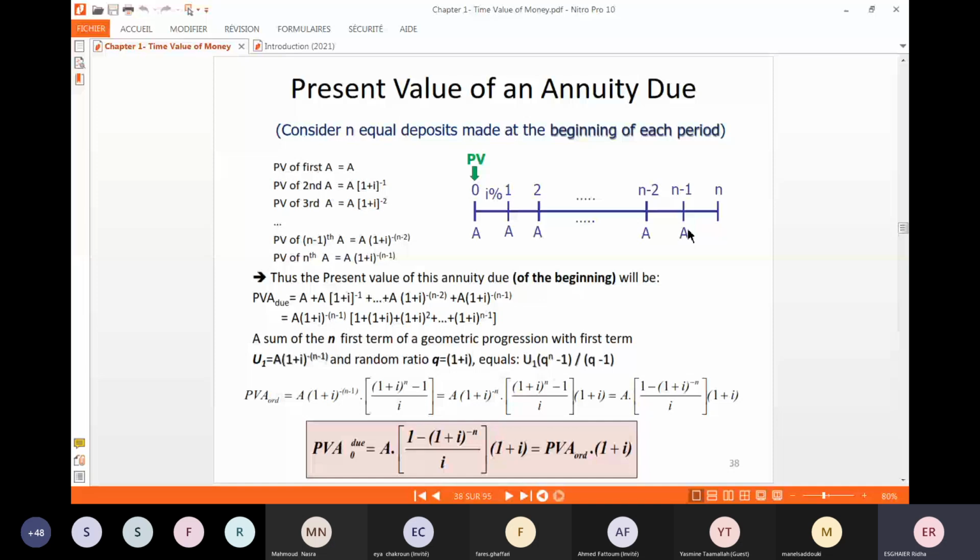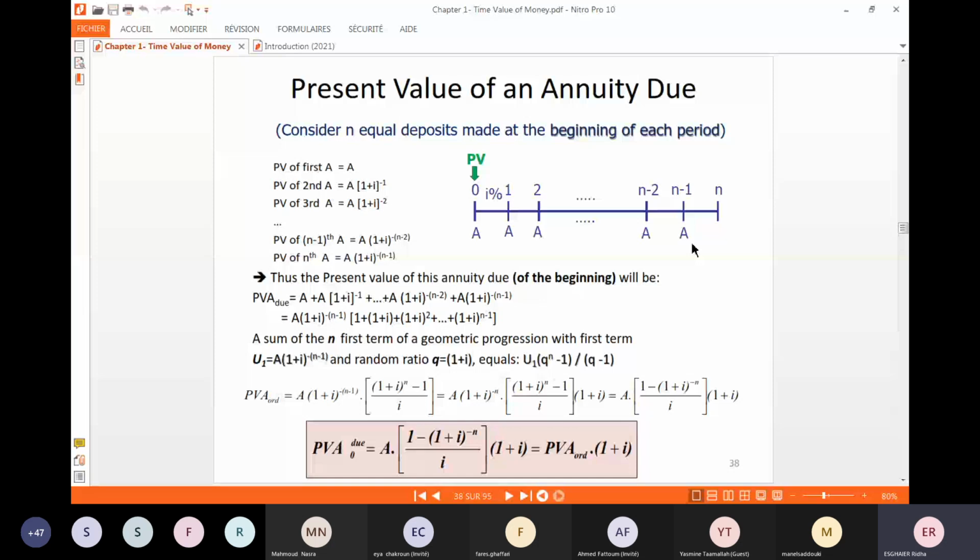This year of discounting that we are not making, and we know that when we discount, we eliminate interest, we reduce the amount. Here the present value of an annuity due will be higher because the first amount and the last amount will occur earlier. We will not discount them too much. In the case of an ordinary annuity, we will have the same logic.